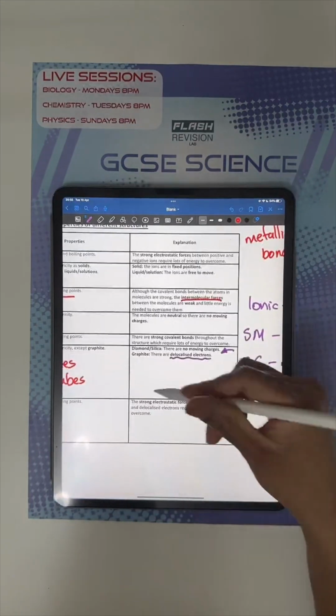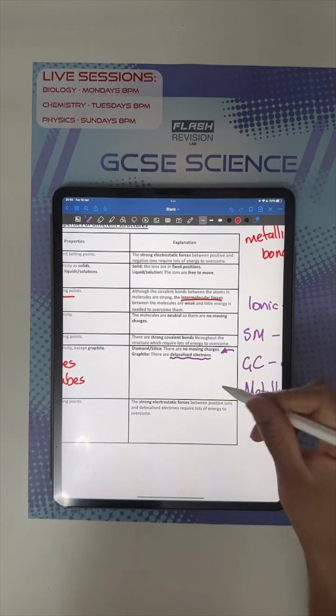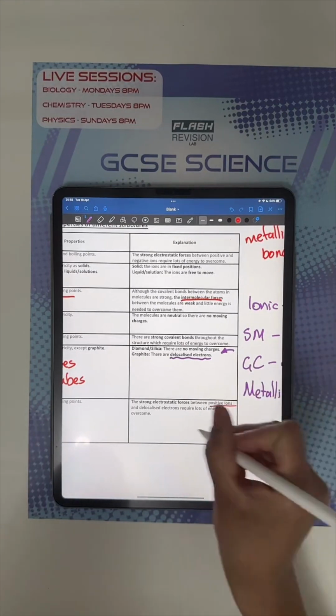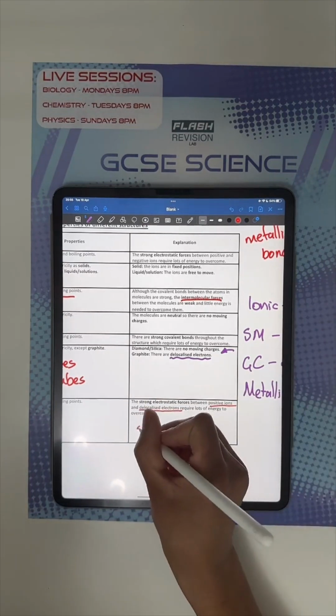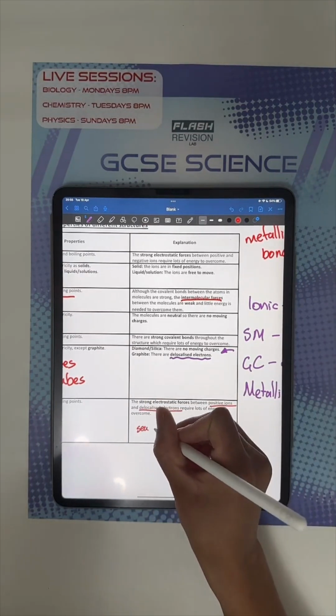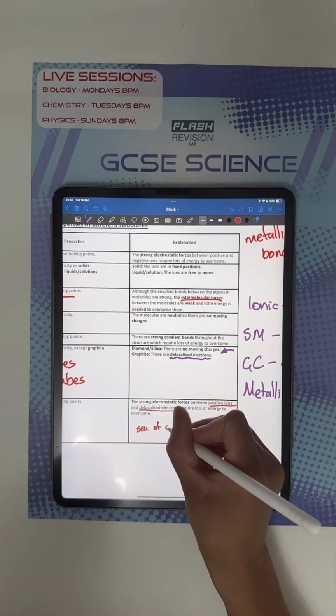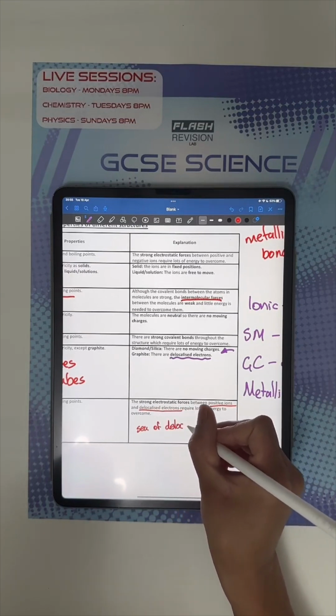What we've got here, strong electrostatic forces between positive ions and delocalized electrons, okay? We call it a sea of delocalized electrons. So when you talk about metallic bonding, I want you guys to remember sea of delocalized electrons.